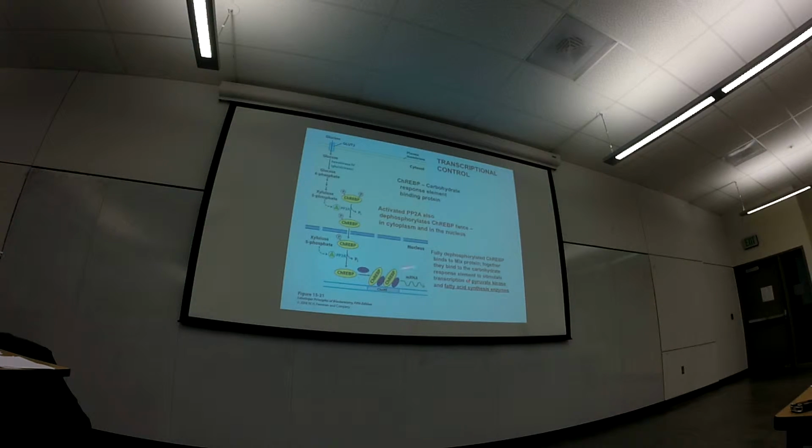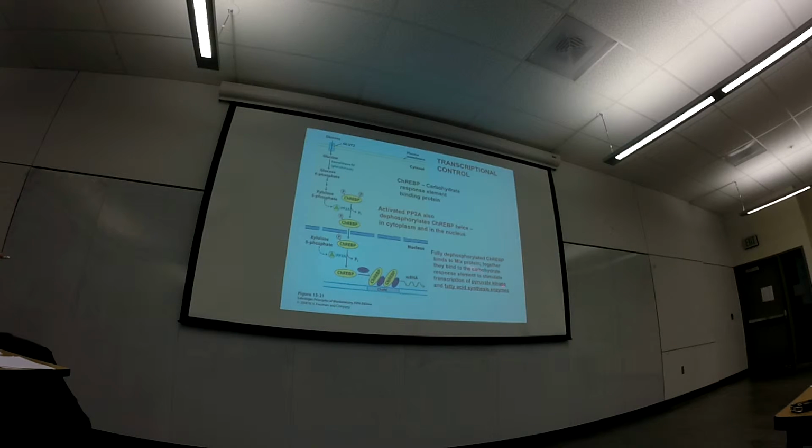And in this case, the messenger RNAs that get increased are the ones that are encoding pyruvate kinase and fatty acid synthesis enzymes. So all the kinds of enzymes that can be made when there's a lot of energy around. So fatty acid synthesis enzymes, if you have an energy-rich state, you can synthesize fatty acids. Energy-rich state, you'd be breaking down glucose.